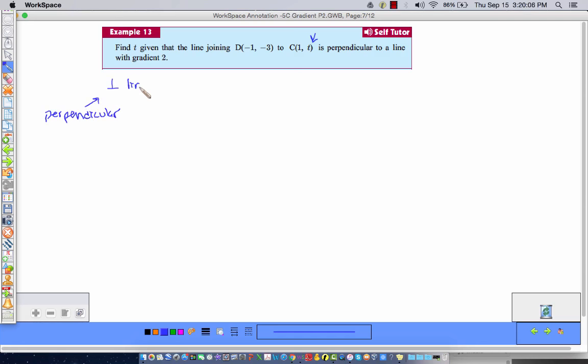Perpendicular lines have gradients with opposite reciprocals. Opposite reciprocals. Okay? So the gradient in question right now is 2.